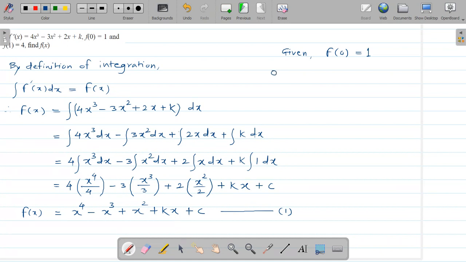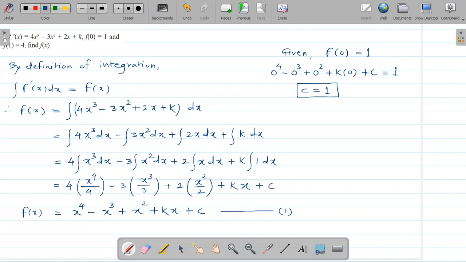So we get 0 raised to 4 minus 0 cube plus 0 square plus k into 0 plus c, and after putting x equal to 0, we get it is equal to 1. So by this we get the value of c is equal to 1. So by using the condition f of 0 is equal to 1, first of all we get c is equal to 1.